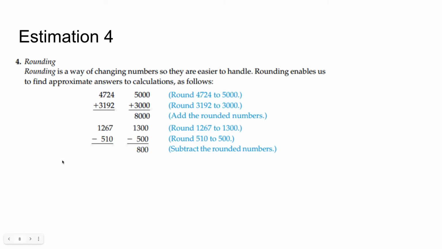And rounding, we talked about rounding a lot of times too. So rounding is a way of changing numbers so they are easier to handle. Rounding enables us to find approximate answers to calculations as follows. So when we round this to the nearest thousands, it's about 5,000, about 3,000. So together it's about 8,000.